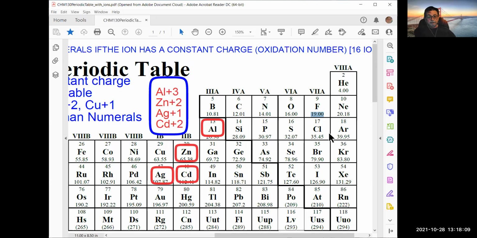So twice 19, that would be 38 grams, right? Because fluorine, chlorine, bromine, iodine, those guys, and oxygen, they are diatomic. But if the question asks you how many moles I have in one atom of fluorine, then if I have 19 grams of monatomic fluorine, I have 1 mole, 6.02 times 10 to the 23rd.